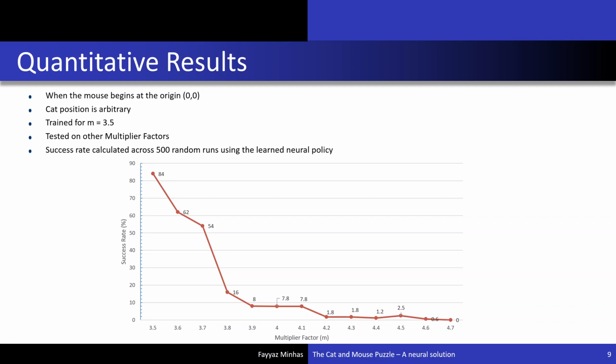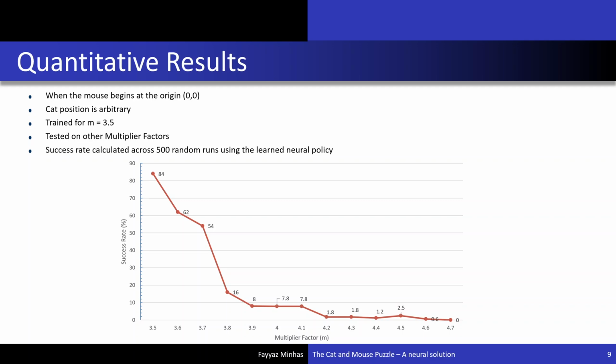So you imagine the mouse at the center of the circle and the cat at any location at the edge of the circle. We use the policy of the trained neural network, and we get a success rate of 84%.